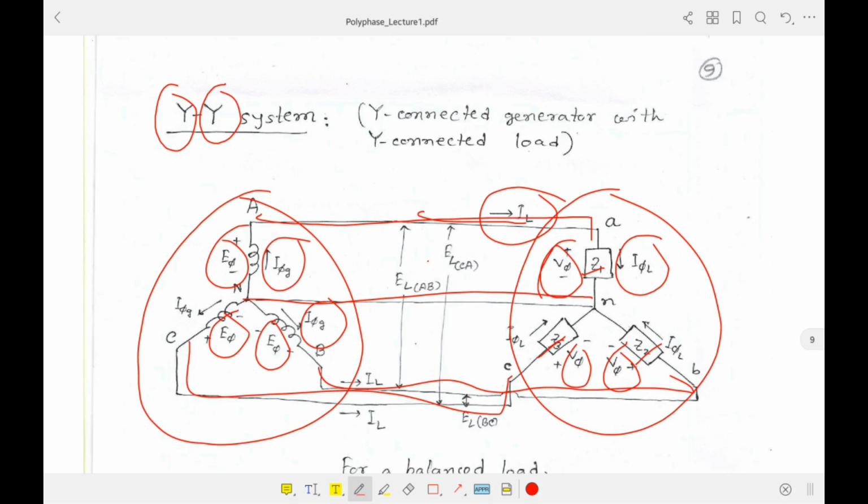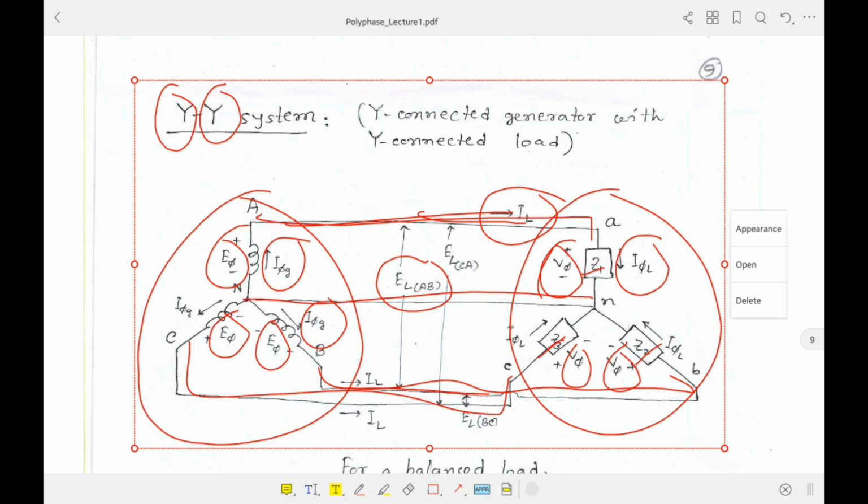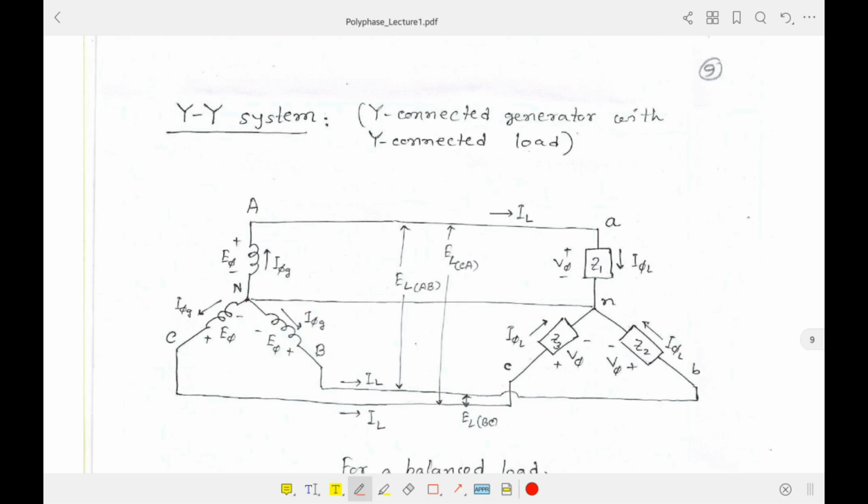So for line voltages, let's say for AB, this should be from A phase to B phase. So let me clear it. All I am saying is that this AB line voltage, that means from A phase to B phase, should be ELAB, and similarly from A phase to C phase, we can write ELCA. And similarly we have ELBC as well.